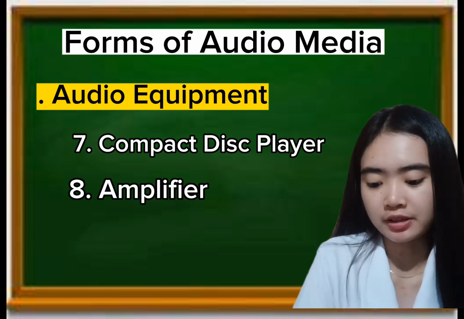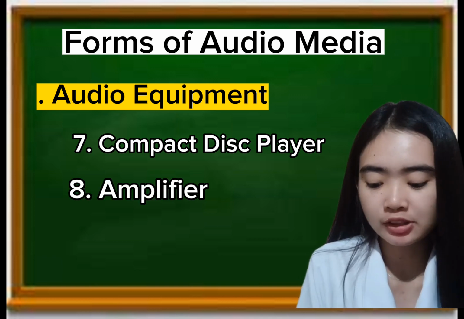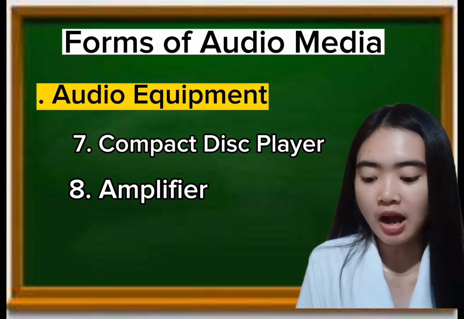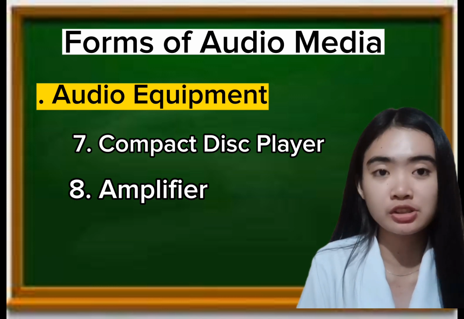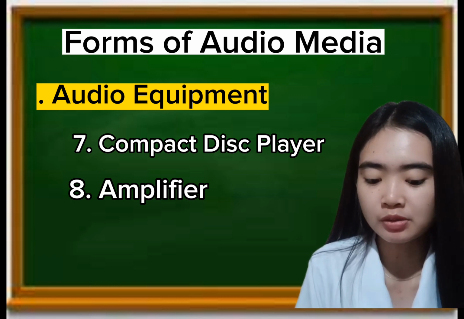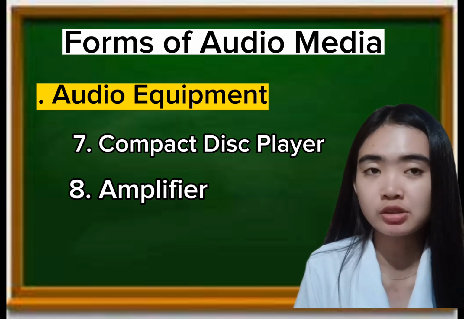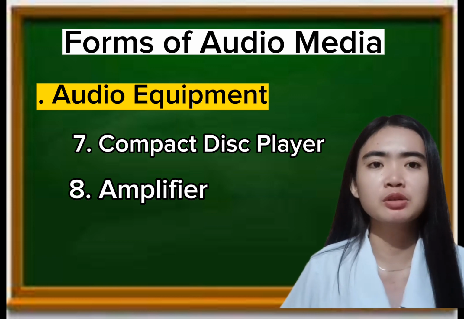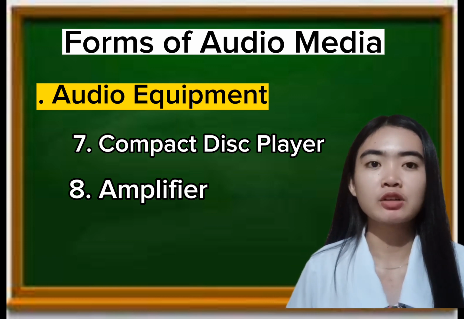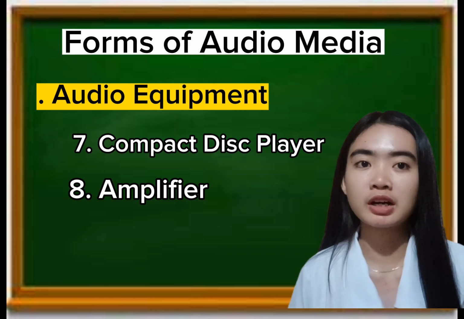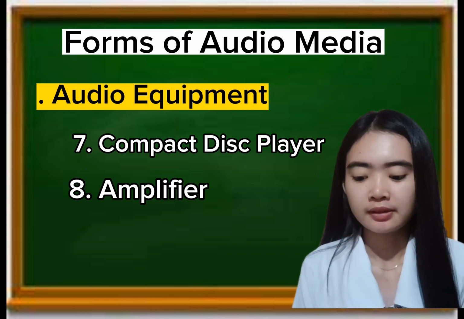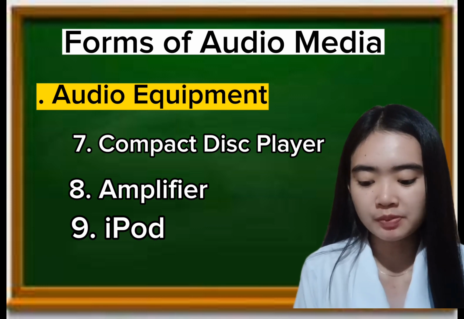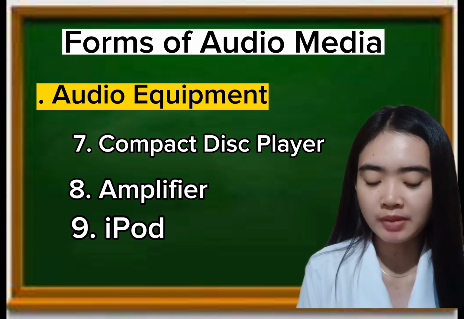Next is amplifier, an electronic device for increasing the amplitude of electrical signals such as voltage, current, or power used chiefly in sound reproduction. So itong amplifier naman, nagko-control sa kung gaano kalakas or kahina yung audio. Next is iPod. Was meant as a multimedia device for the masses.